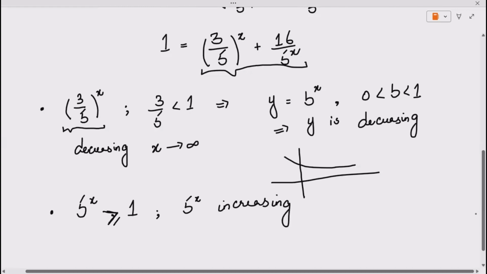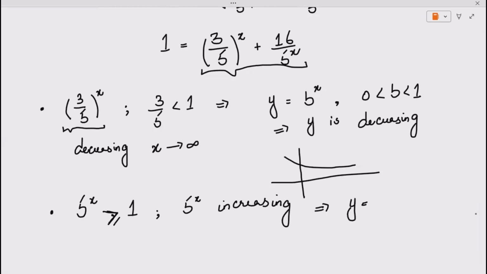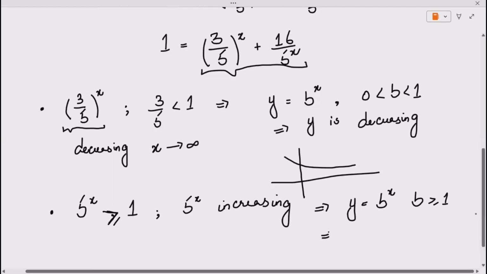Whenever you are increasing the value of x, the value of 5 to the power x is increasing. And this is because we have y equals b to the power x, and if b is greater than 1, it means y is increasing. Or if b is 1, it's a constant.